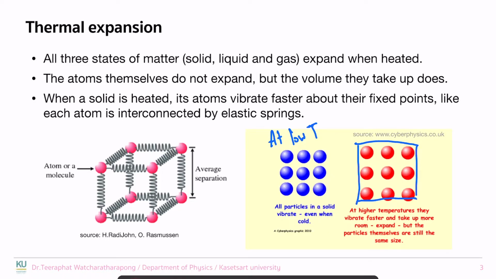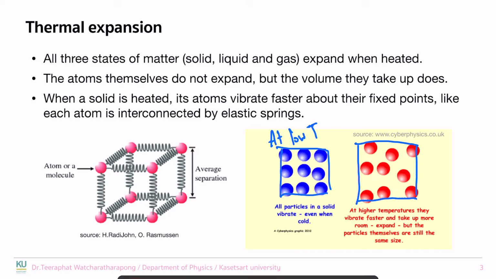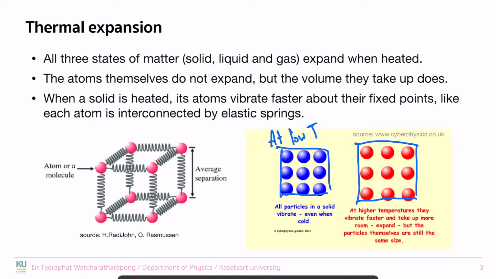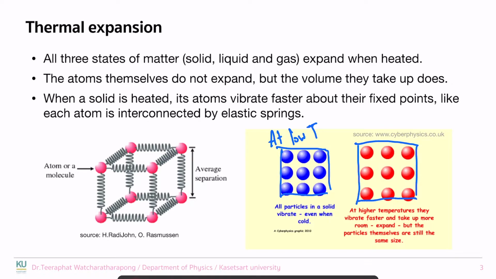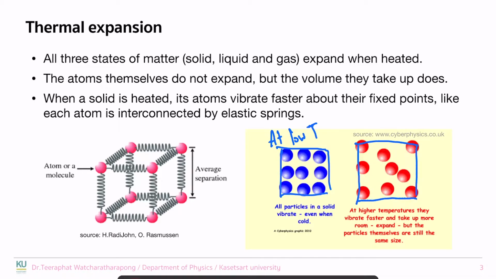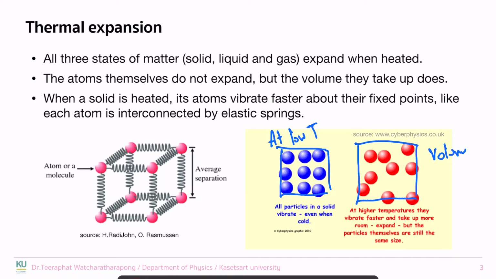You can see each atom in the system will vibrate stronger, and it takes more volume for each atom to vibrate. So what you can see here is that increasing temperature will result in the volume expansion of the material.